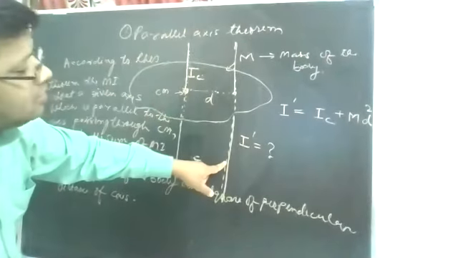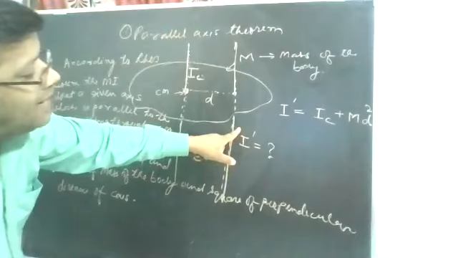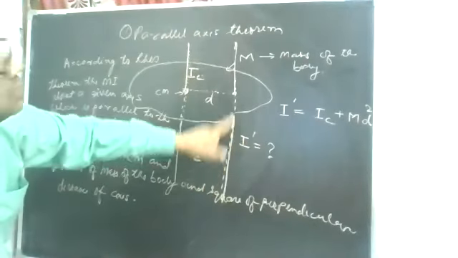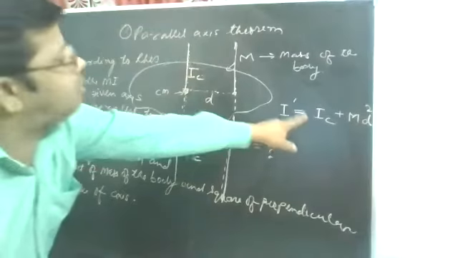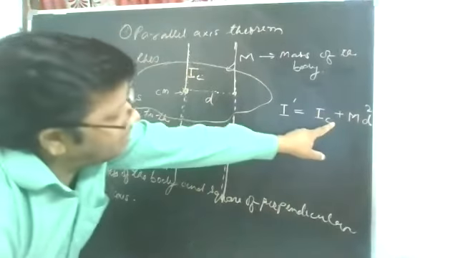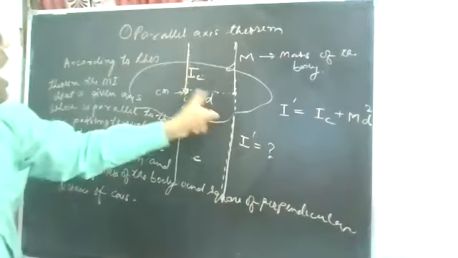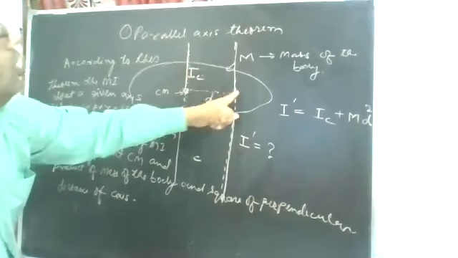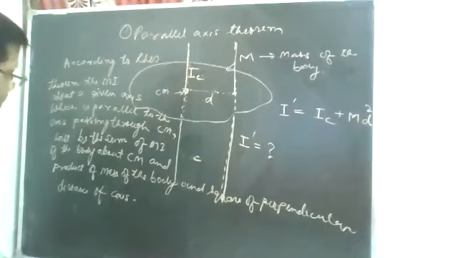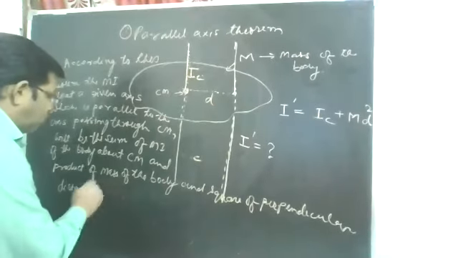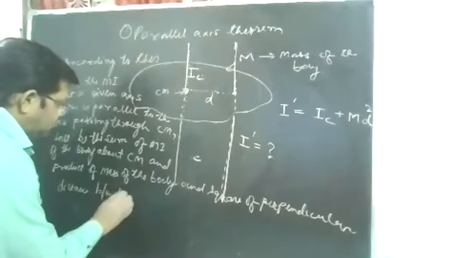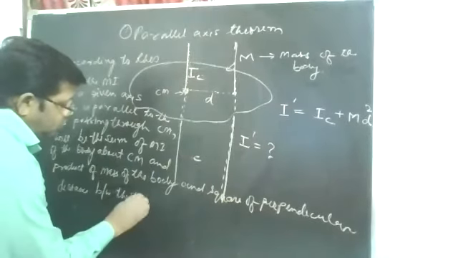About this axis, if the moment of inertia is I dash and we want to find it, the moment of inertia about this axis will be the sum of the moment of inertia about the axis passing through the center of mass plus the mass of the body times the square of the perpendicular distance between the two parallel axes.